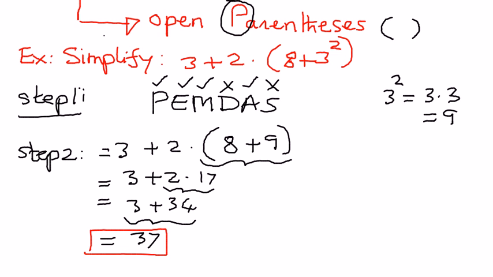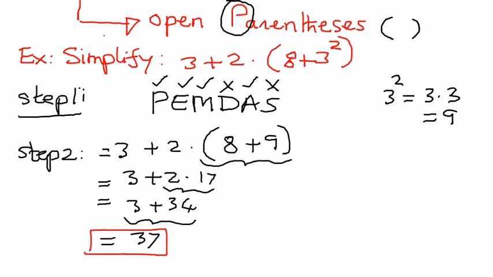So when we follow the PEMDAS process, we can very easily arrive at the correct answer. It is very easy for us to do the wrong steps and come up with the wrong answer.